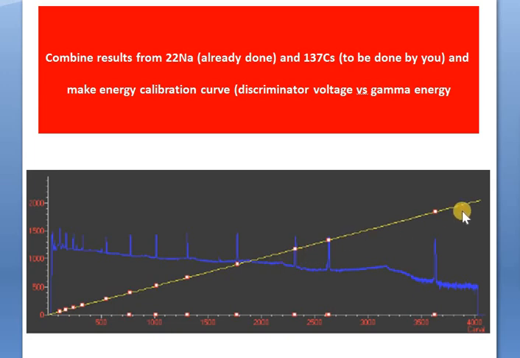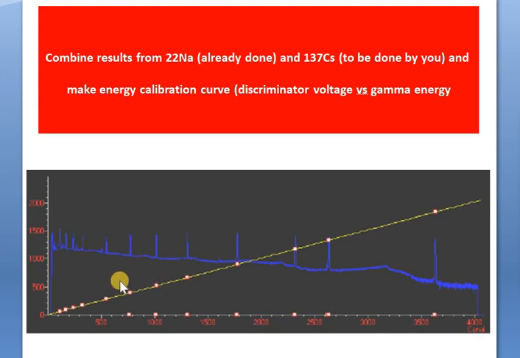This yellow line is the energy calibration. In this part you will have the discriminator voltage, and in this part the gamma energy. You know where the 137 cesium full energy peak is and its energy, so I will put a point for the corresponding discriminator voltage and gamma energy here. For other cases I will put points here, and from 22 sodium I will put the point at 511. Finally I will do a sort of linear plot, and this is the energy calibration curve.